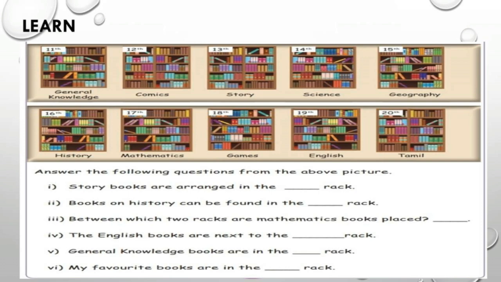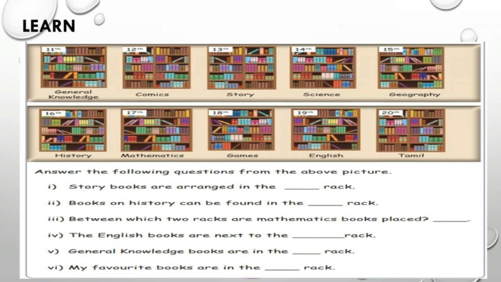The third one: between which two racks are mathematics books placed? In between means between the two numbers, the center. So it is between the 16th and 18th rack. And the English books are next to the dash rack. So which rack? It is next to the 18th rack. General knowledge books are in the dash rack.